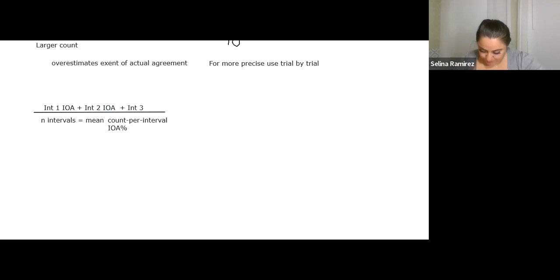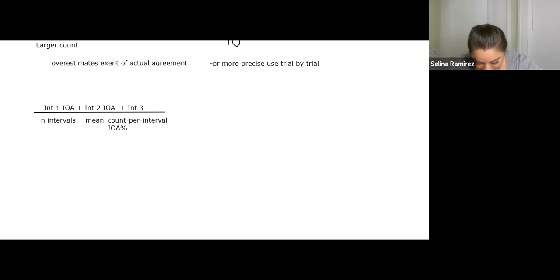Okay, so does it give us an example somewhere for this one? Oh, mean count. Okay, so let's go to figure 5.2. 5.2 will be used to illustrate two methods for calculating count per interval IOA: mean count per interval and exact count per interval. During a 30-minute observation period, two observers independently tally the number of times each witnessed an instance of a target behavior during each of 6 5-minute intervals.